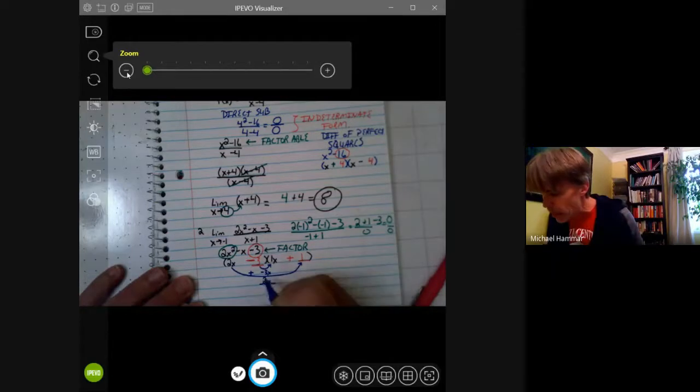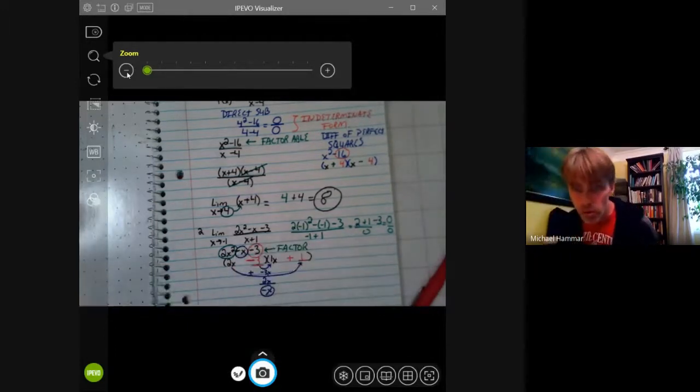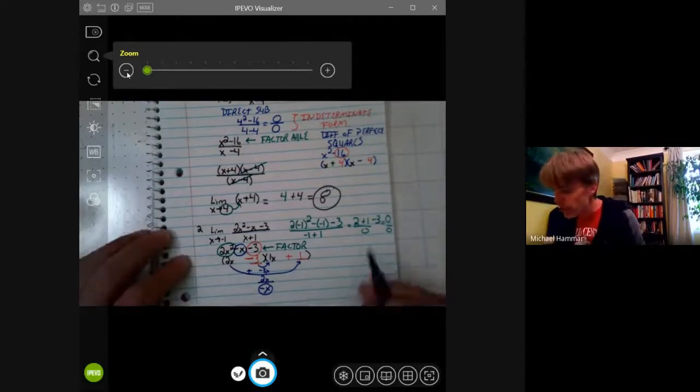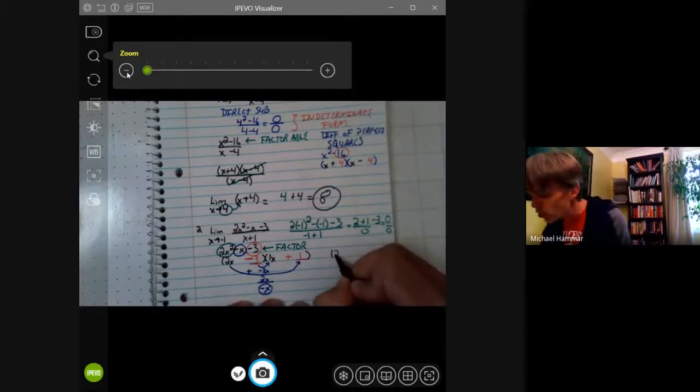And when I add them up, I get -x. If this and the middle term are equal, you have found your factors. Okay? So our factors for the numerator are going to be, and I'm going to write it over here, 2x minus 3 times x plus 1, over x plus 1.